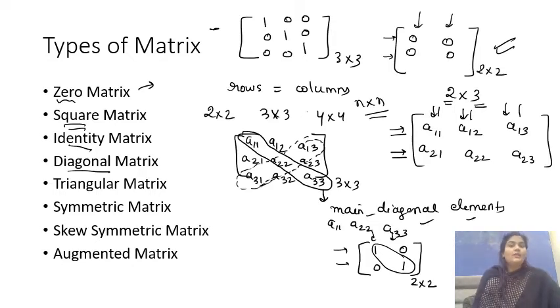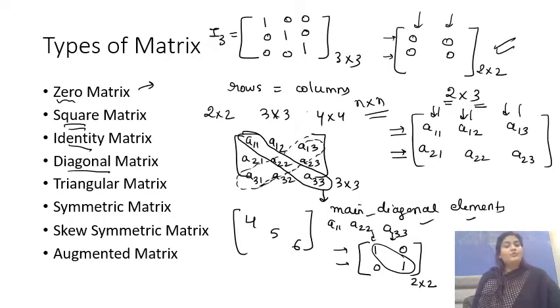I3 means an identity matrix of order 3 by 3, right? Now if we talk about diagonal matrix, it is somewhat similar to the identity matrix. The difference is that not necessarily all the elements in the diagonal form are 1. So let's say we have 4, 5, 6.